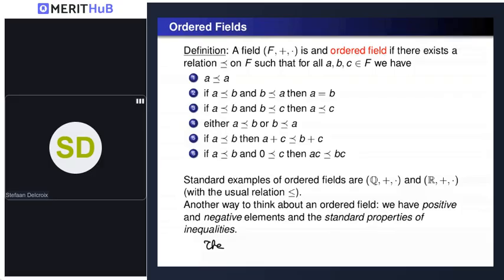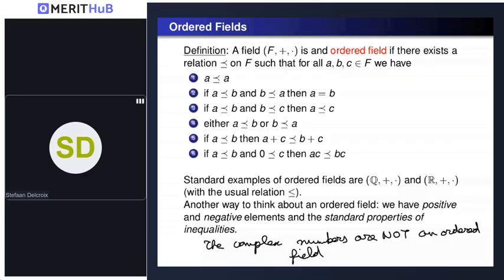Okay, so let me do a spoiler alert already. The complex numbers are not an ordered field. So that is one of the big differences between the complex numbers and the real numbers.